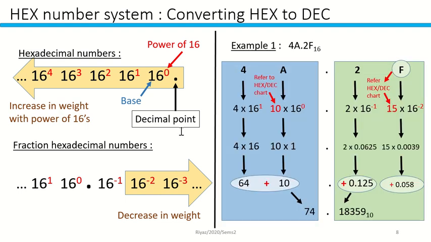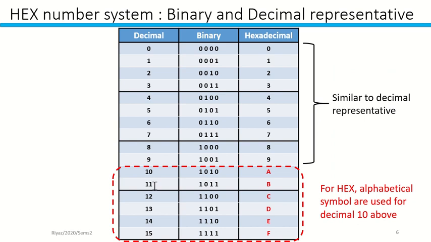Let's see one example of how to convert from hexa to decimal. Let's say the example is 4A.2F, which is in hexa, subscript 16, base 16. The 4 and A we put on the left side, and 2F is on the right side. For A, if you see over here, A is 10.